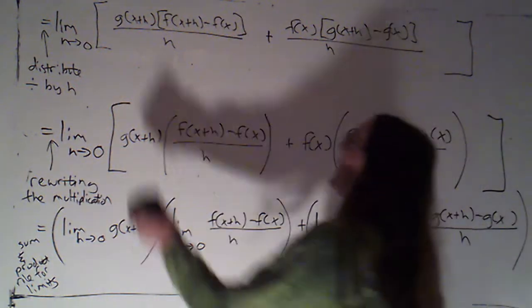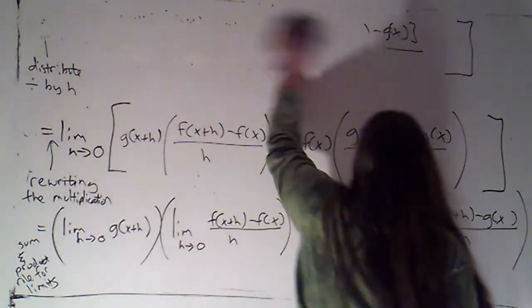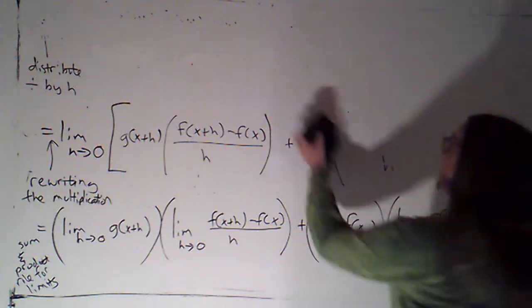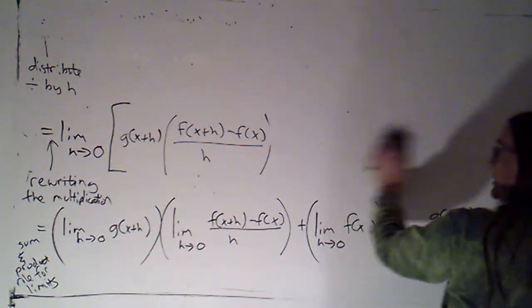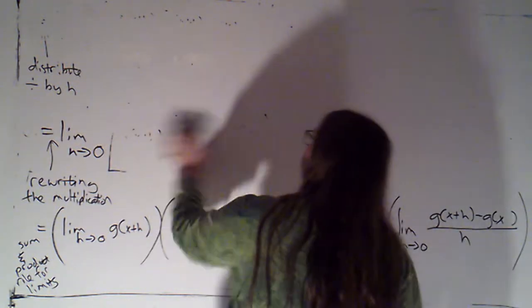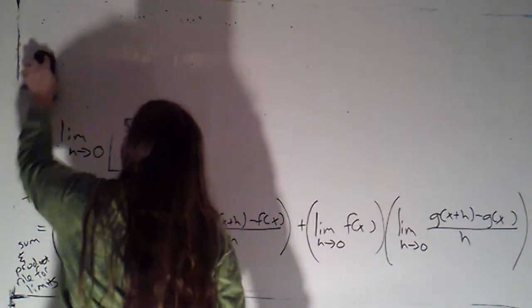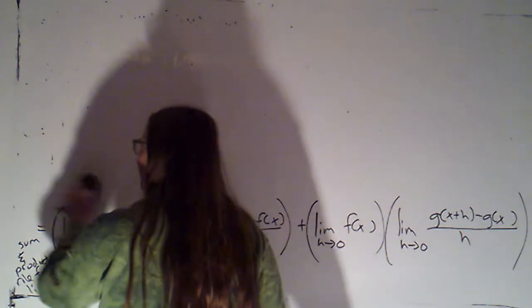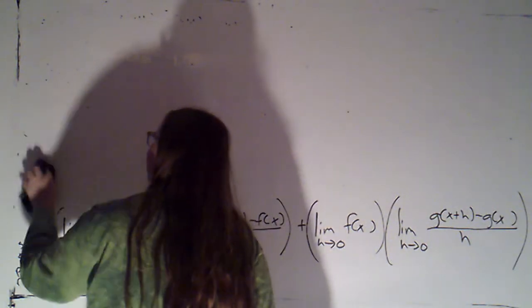Okay. And as I erase the top of the board here, I need to tell you, I forgot to tell you at the beginning of this problem, f and g are meant to be differentiable functions, so that the derivatives of f and g both exist. Okay. I should have stated that before we started this problem.